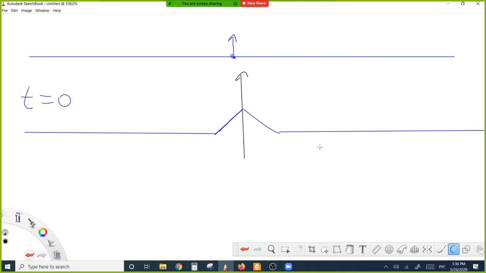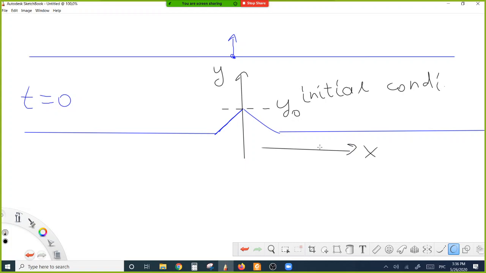And if we draw, so this is x, this is y, this is y0, and we can call it the initial condition. And at the time t, we introduce a disturbance.